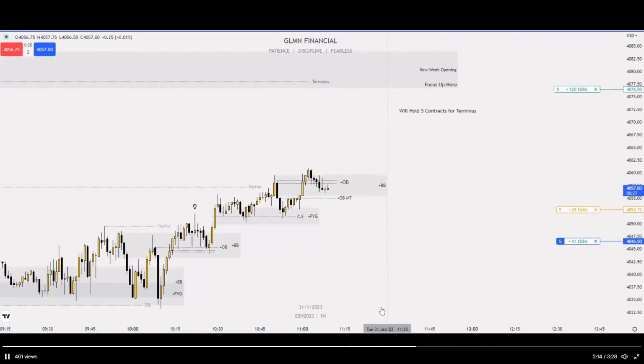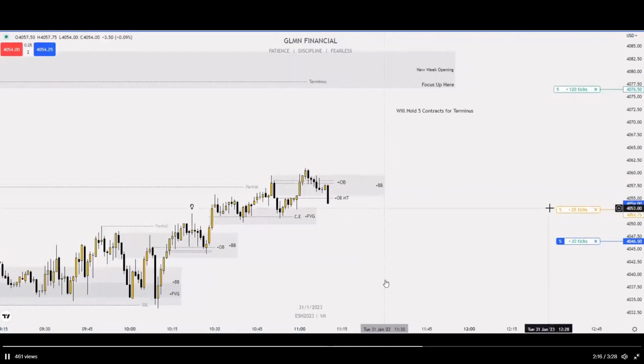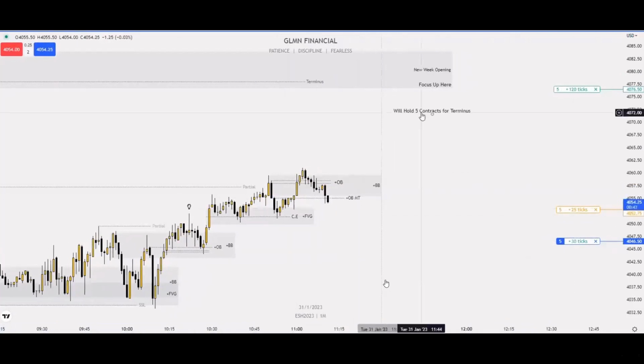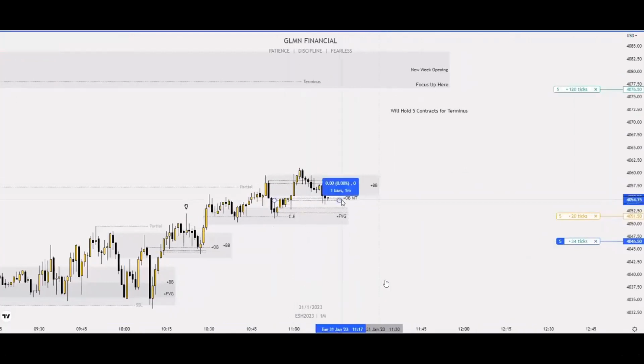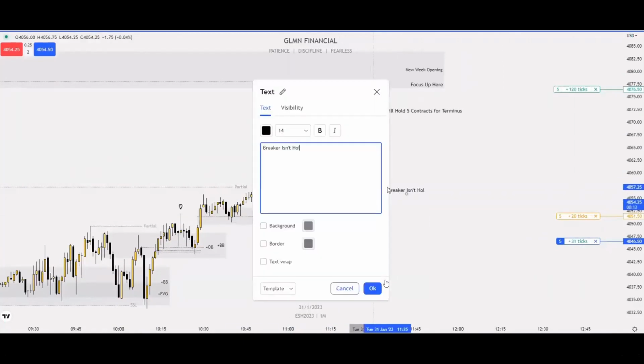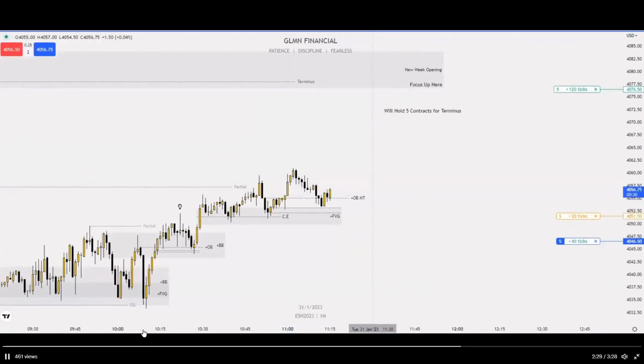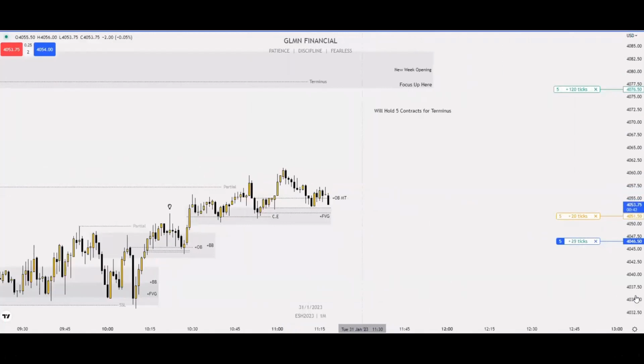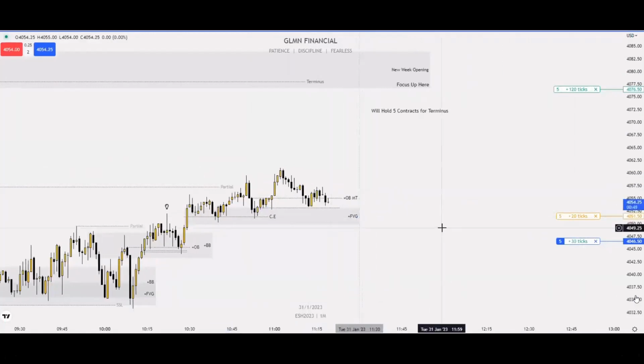I'm highlighting 11:30 because that's usually when I like to get out, but when it's being this slow and it's very high resistance, I'll try to hold it a little bit longer. The longest I'll hold it is 12. This is just super high resistance market conditions.